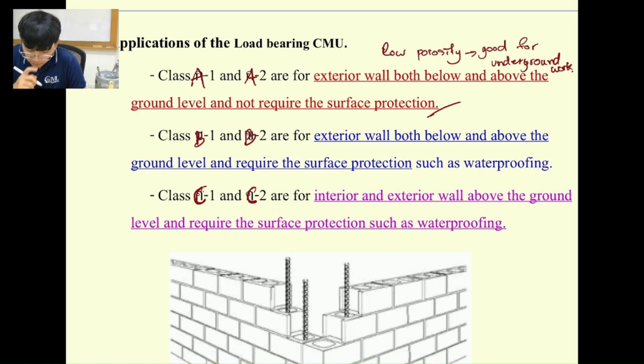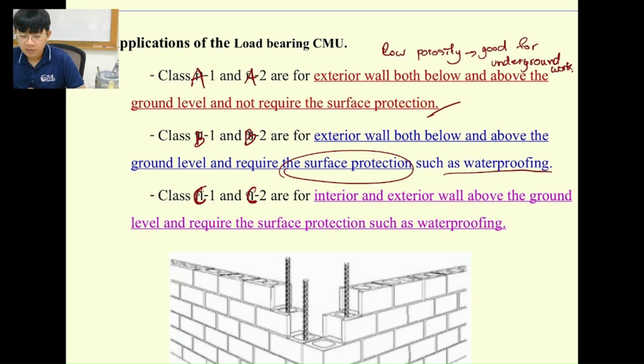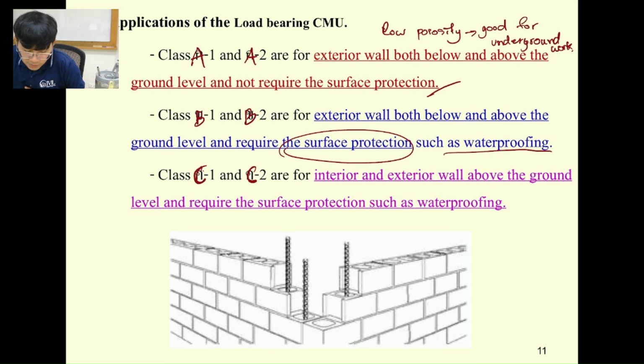But for class B, we can also use it similarly to class A, but class B requires some surface protection and also waterproofing. And class C is going to be used only for interior and exterior walls, and you are not allowed to use this for underground construction, just for above the ground construction only.